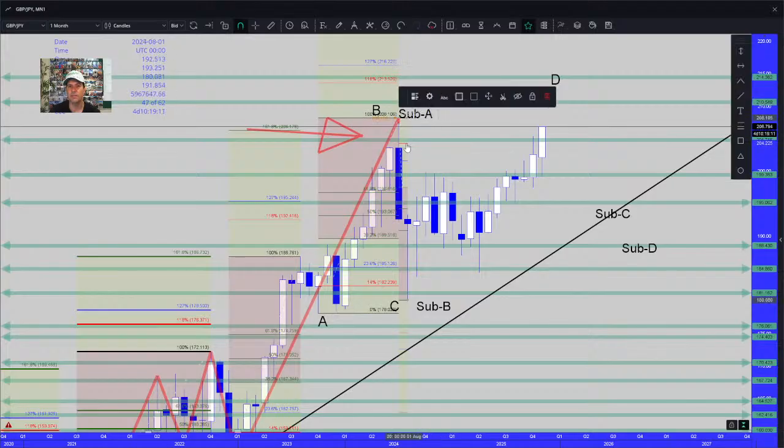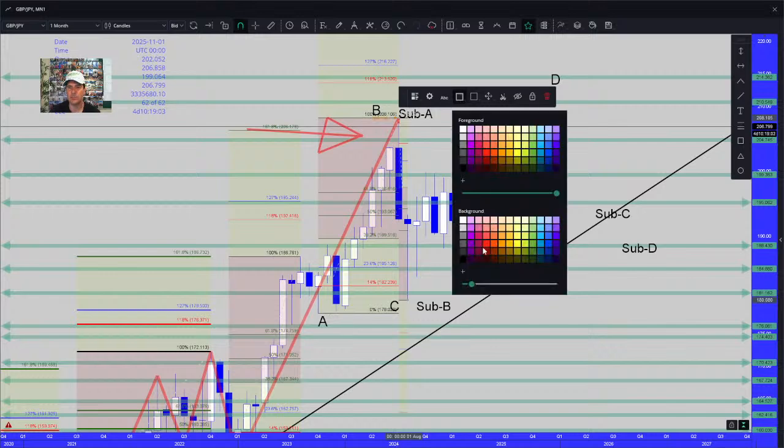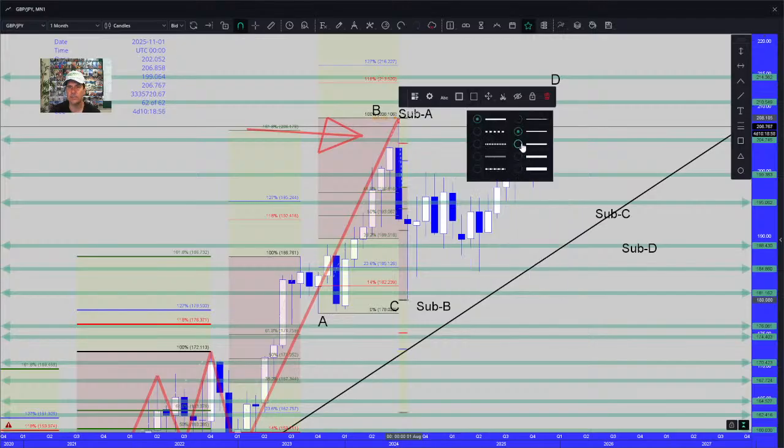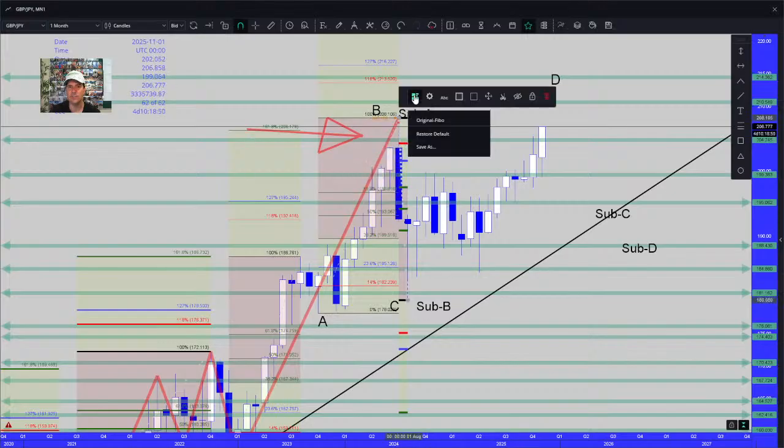That's the sub A. Let me see if I can make it bigger, bolder. Give me a second. There you go. Now I click in here, and I need to change colors.